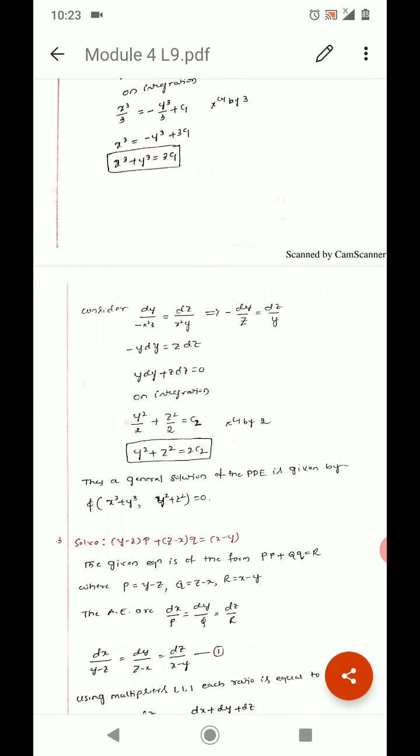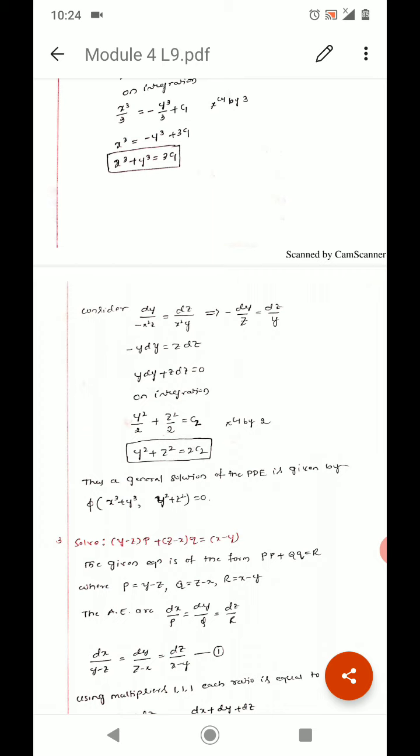By cross multiplying, we get minus y into dy, which is equal to z into dz. Now by integration, we get integration of minus y is minus y square by 2, which is equal to integration of z is z square by 2 plus c2, that is integral constant.